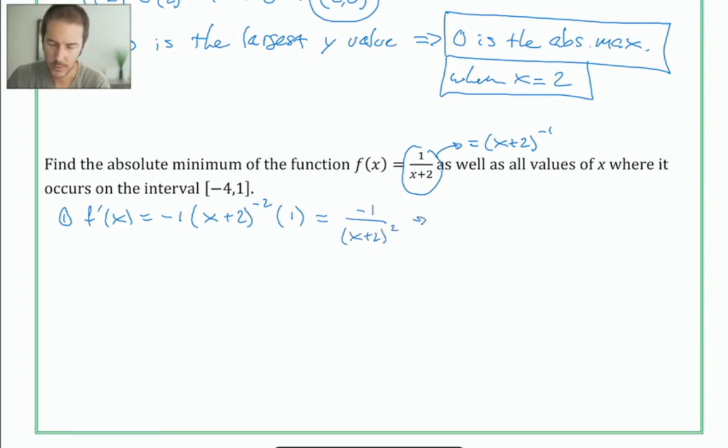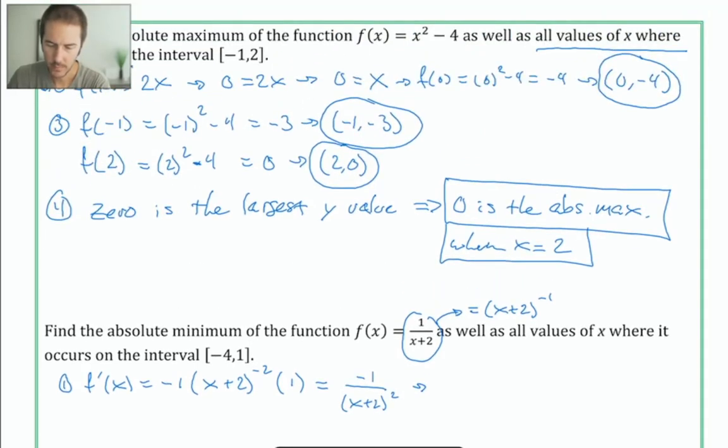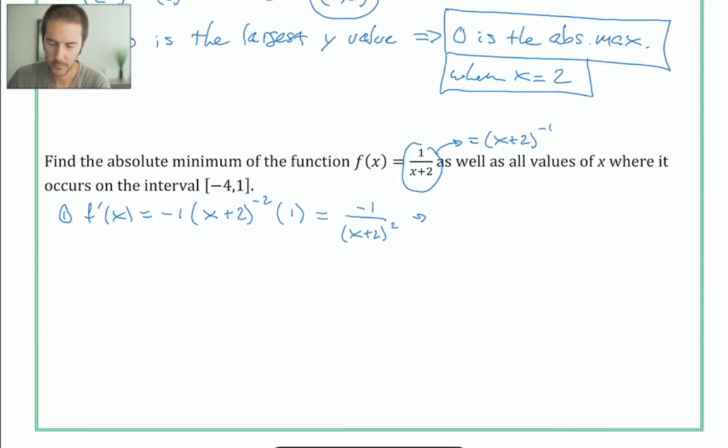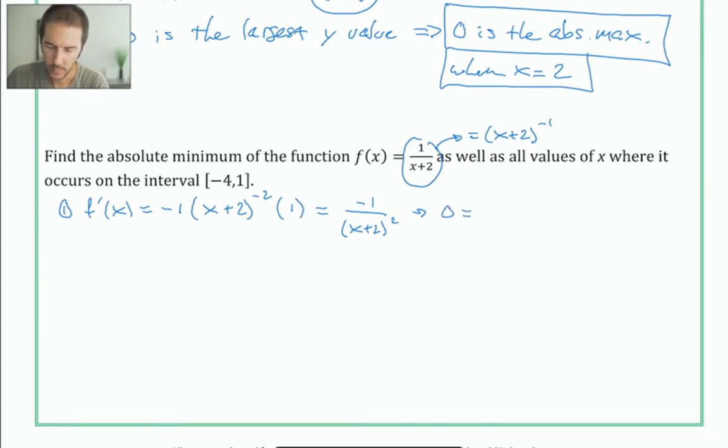And now we're going to take this and we're going to set it equal to 0. 0 equals -1 over x plus 2 quantity squared. The only way you can make a fraction equal to 0 is by making the denominator infinitely large in the positive or negative direction, but we're not working with limits at the moment, or to make the numerator of the fraction equal to 0.